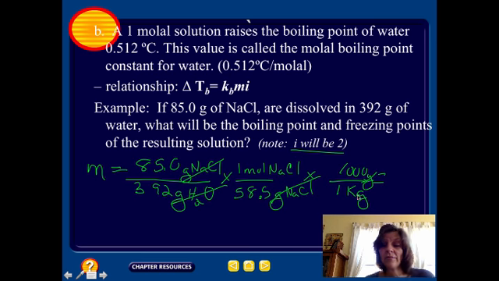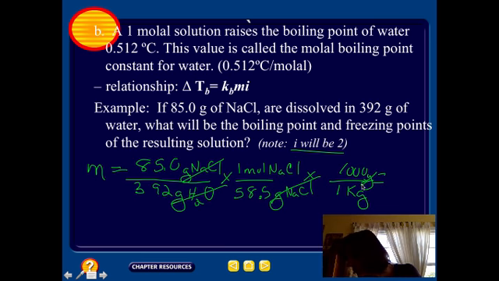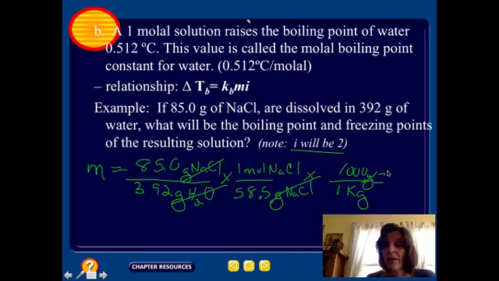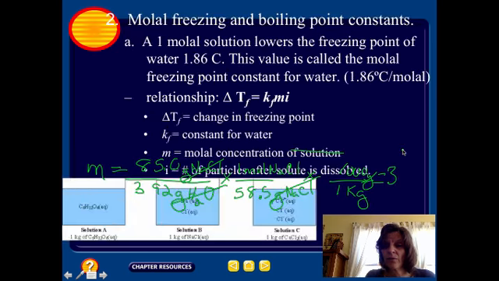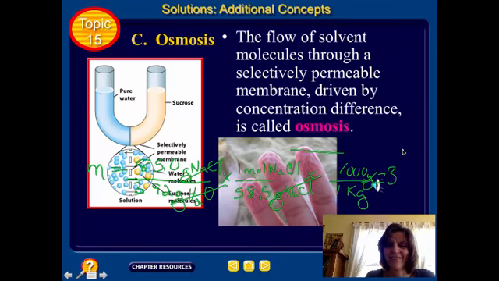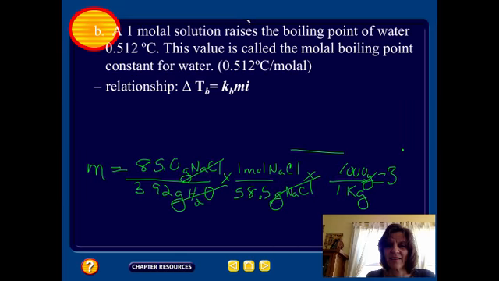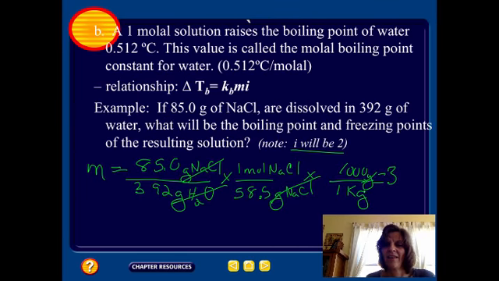When you calculate, you should get 3.71 molal. All right, now we can apply that to the freezing point change and the boiling point change. So let's do the boiling point since we have the equation right here.